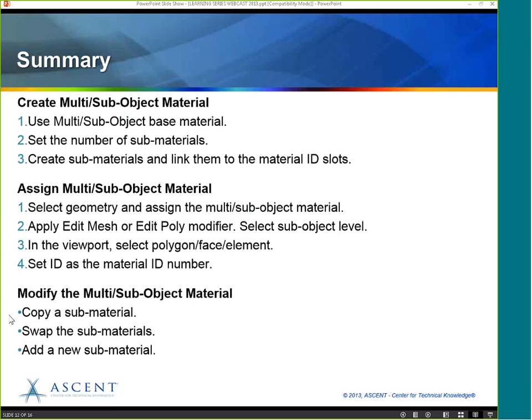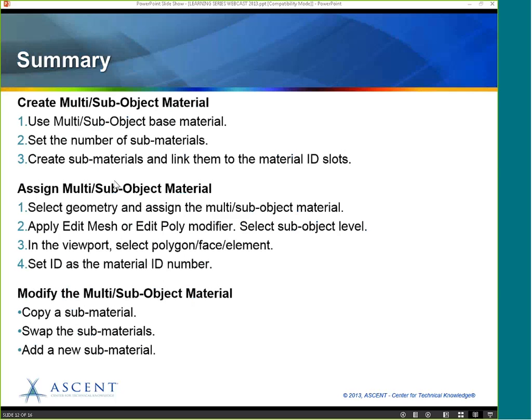as a summary, in today's demonstration, we created a multi-sub-object material using a base material and set the number of IDs required. We then created the sub-materials and linked each one of them to the material ID slots inside the parent multi-sub-object material.